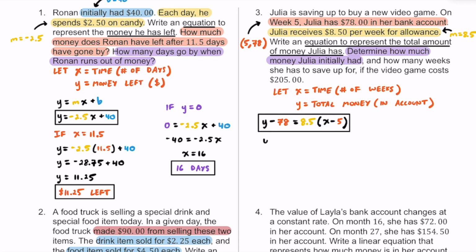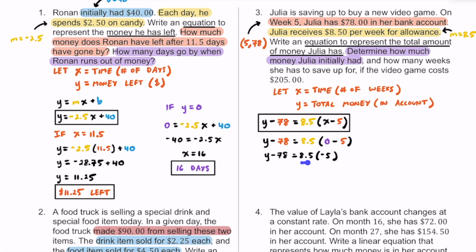All right, so substituting in, we're going to get y minus the 78. That's going to be equal to 8.5, how much money she's making per week, multiplied by what? Well, it's going to be 0, because we're talking about time equals 0, so it's 0 minus this 5 here. All right, so let's solve for y. 0 minus 5 is just going to be negative 5, so I'll go y minus the 78 is equal to 8.5 times negative 5.